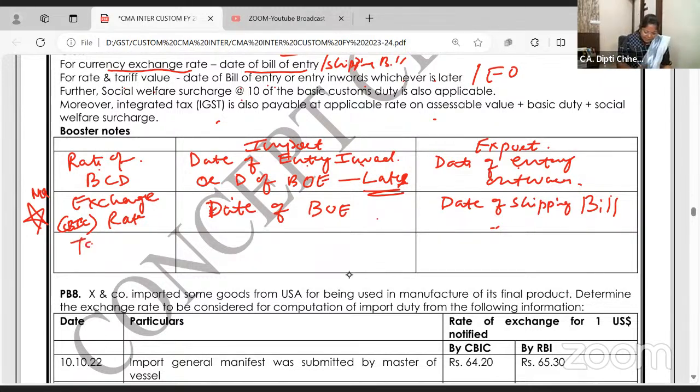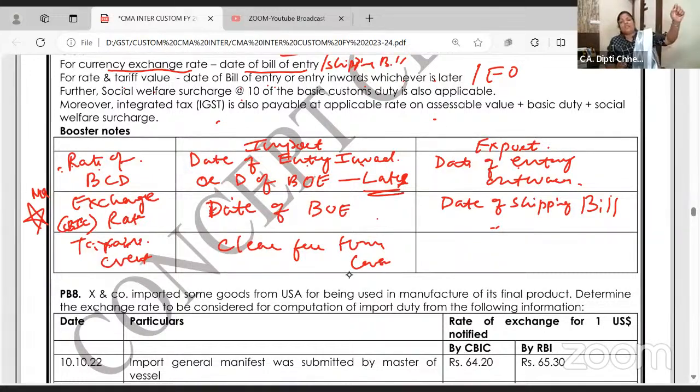And taxable event. Finally, the rate of this is clear. But when am I liable to pay the duty? When the goods are cleared for home consumption. Ma'am, that means can we store the goods in the bonded warehouse of the port without the payment of the duty? The answer is yes.